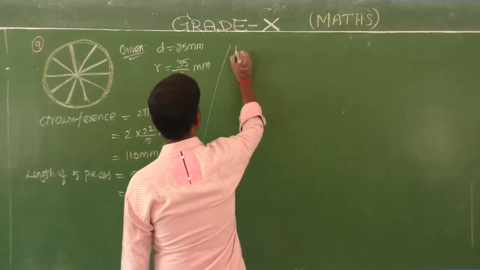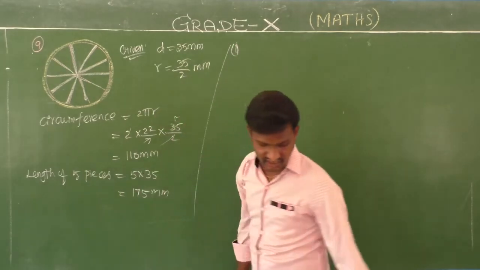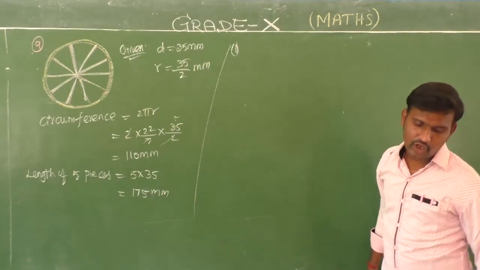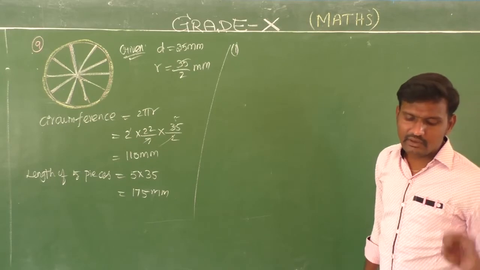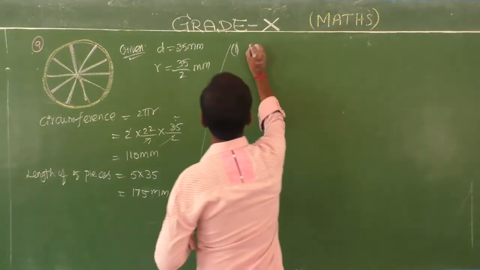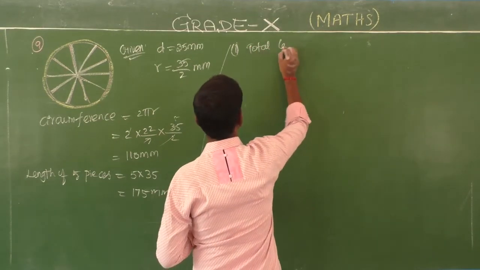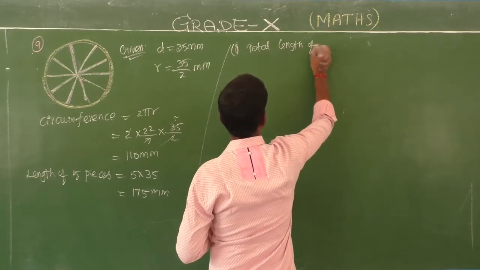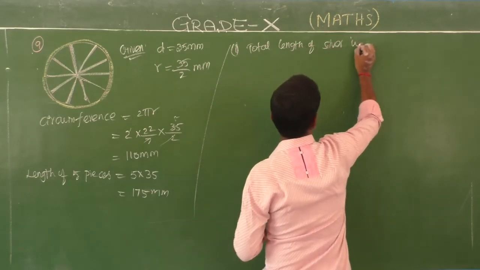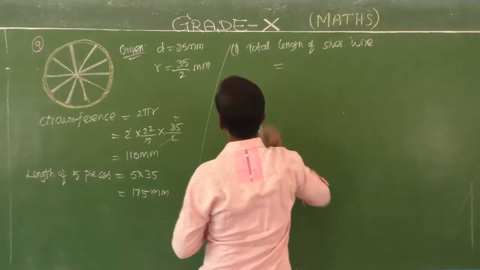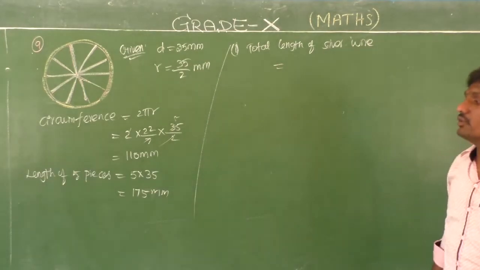Now, what is given? What are they asking in the first question? First question is find the total length of the silver wire required. So total length of silver wire, listen carefully all of you.